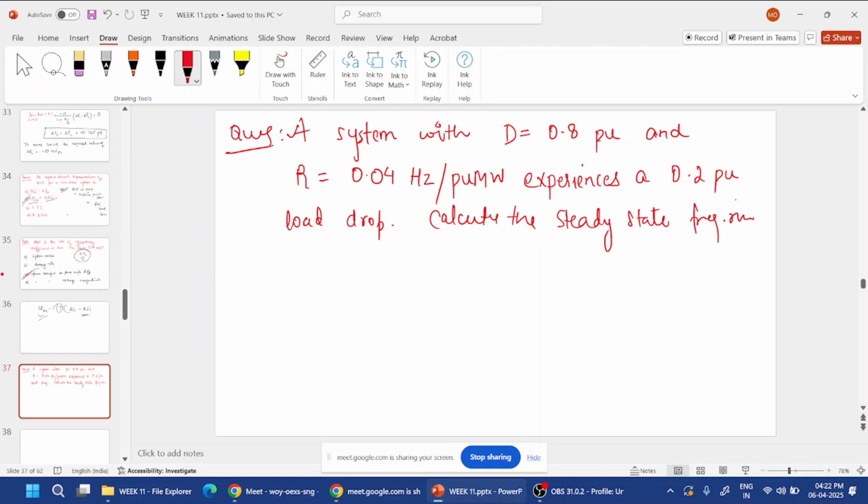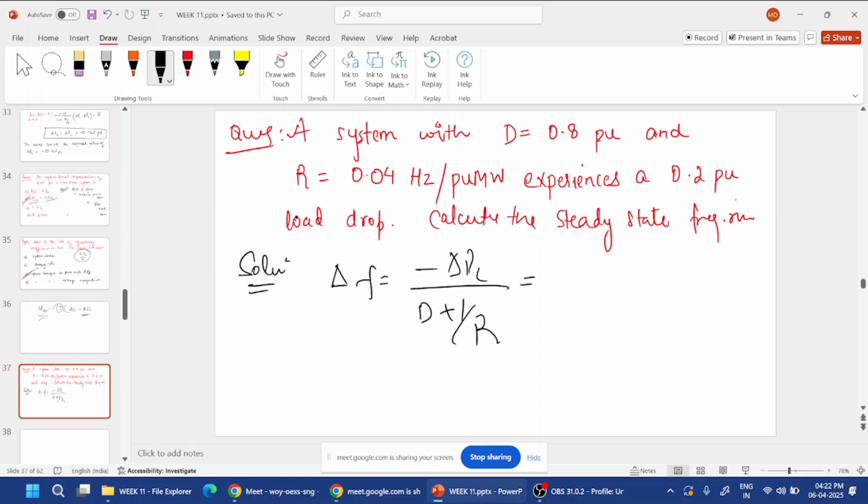Okay, we will directly solve it. The solution is, we know that del F is equal to minus del PL divided by D plus 1 by R. We know del PL, which is a 0.2 per unit load, all in per unit.